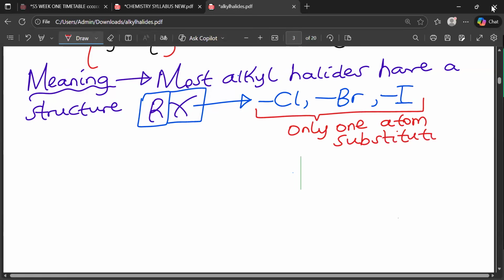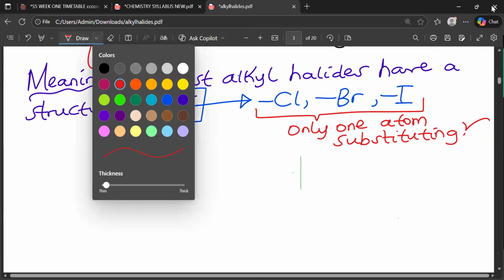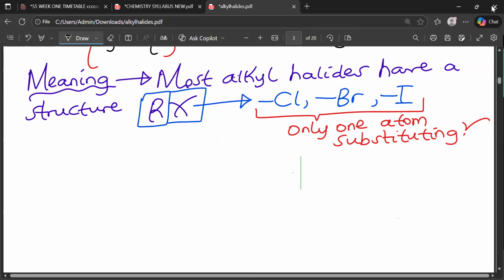Someone may be wondering, what do you mean by substituting? Remember we talked of Cl, I, Br substituting one of the hydrogens of the alkane. Then we said that this R is going to be our alkyl group.